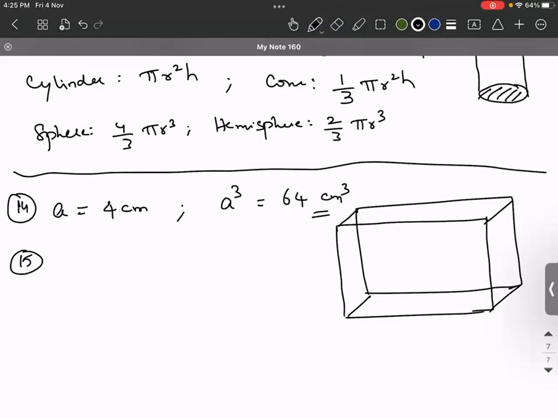So if you substitute in the formula 2 into (L plus B) into H, which is equal to 108 meter square, you'll get the breadth as 6 meters. Then L is 2B, so we get it as 12 meters. Now to find the volume, it's L into B into H. So it's 12 into 6 into 3, 216. That's right.